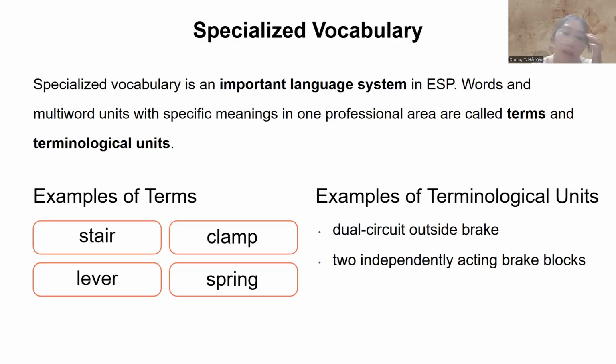Some examples of terms are stay, clown, lever, spring. And here are some examples of terminological units: neural circuit, outside brake, or two independently acting brake blocks. So these examples show that ESP learners often need vocabulary that is different from general English.